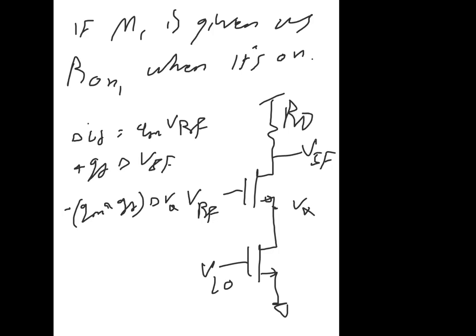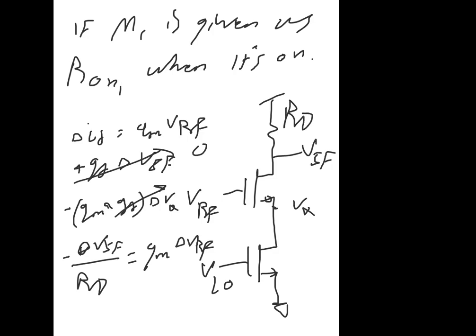Now, delta ID is equal to what? Minus delta VIF over RD is equal to GM times delta VRF. This is going to be 0. VD is equal to 0. We have minus GM times delta VX.